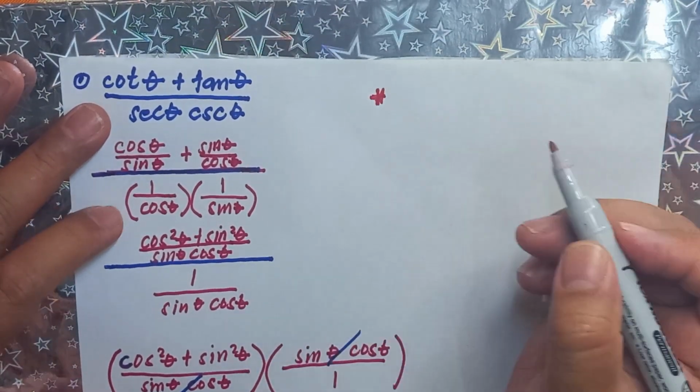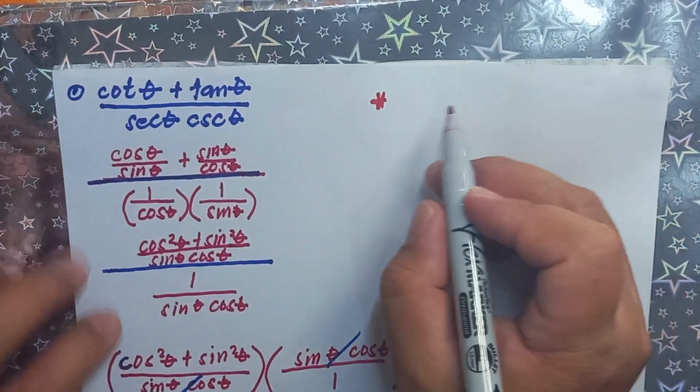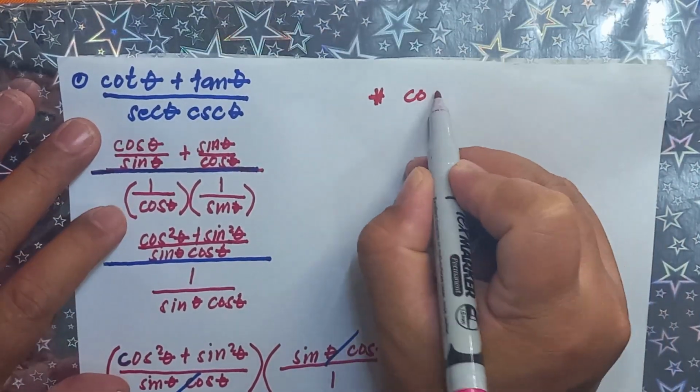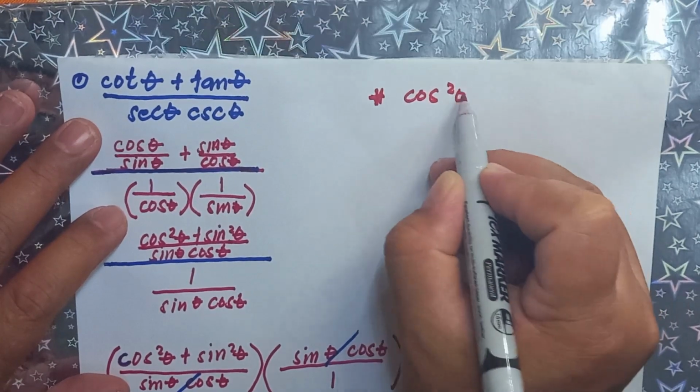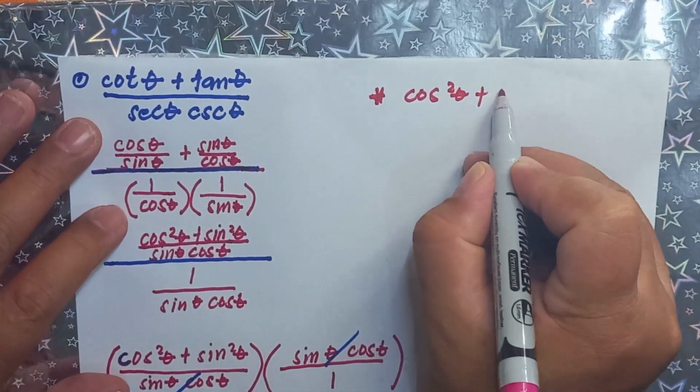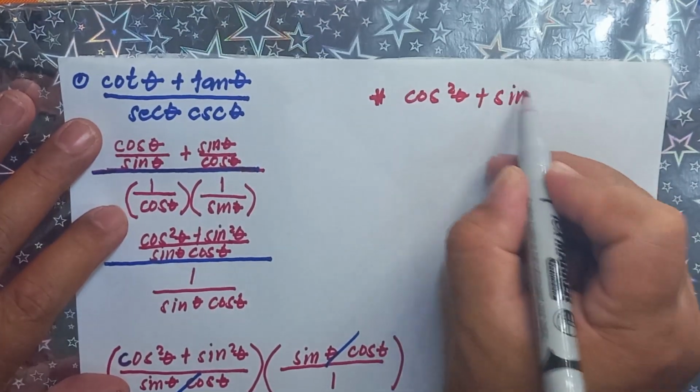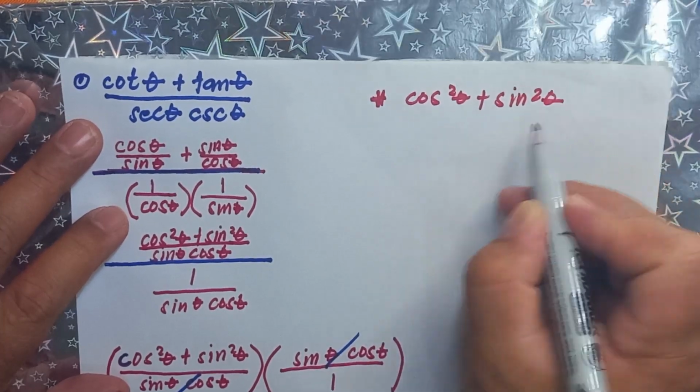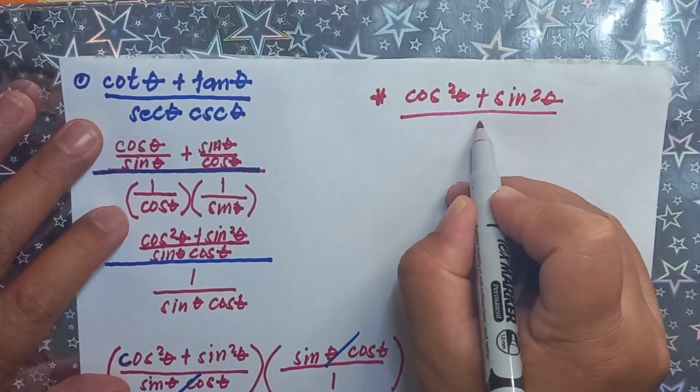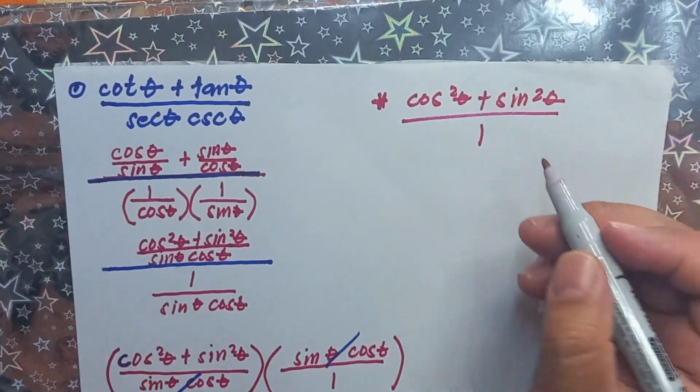I think this is already the final: cosine squared theta plus sine squared theta over 1. That is what remains.